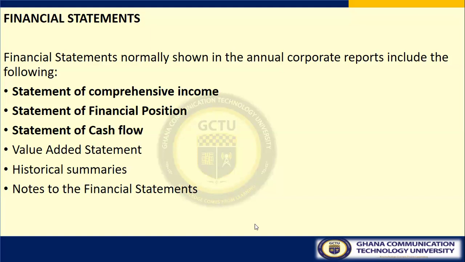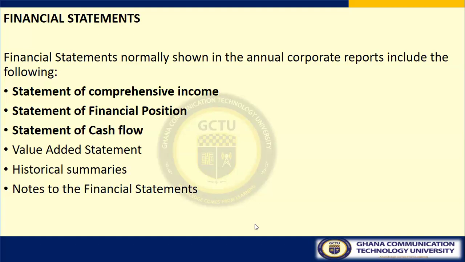So you can say the balance sheet or statement of financial position, and you can say the income statement or profit and loss account. It's the same thing. Then it also includes the statement of cash flow.